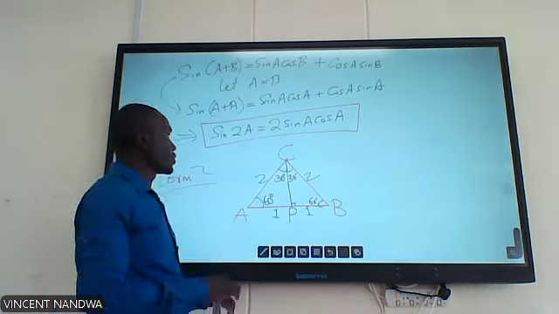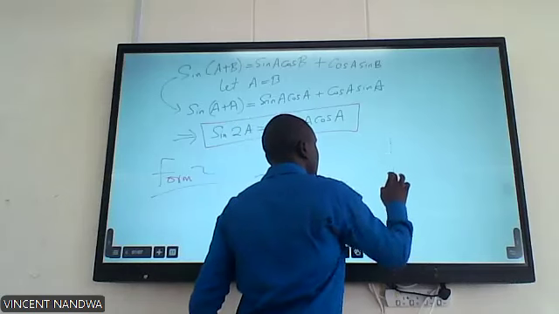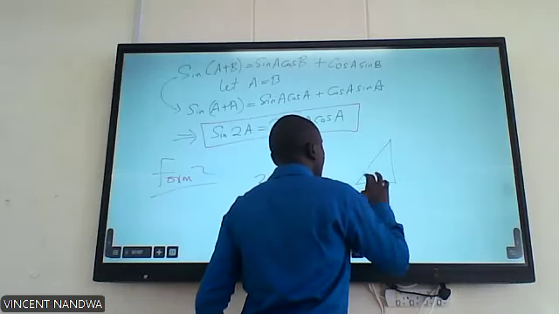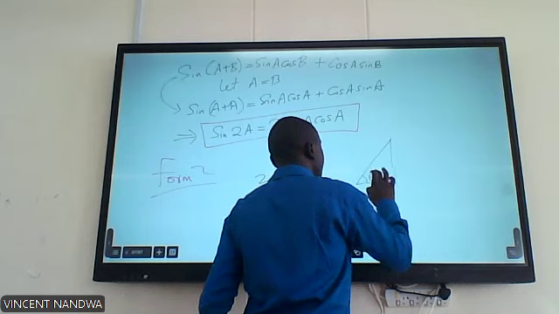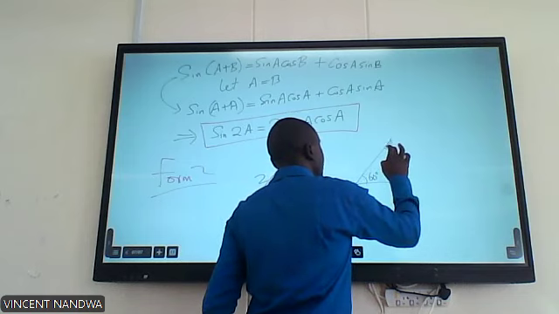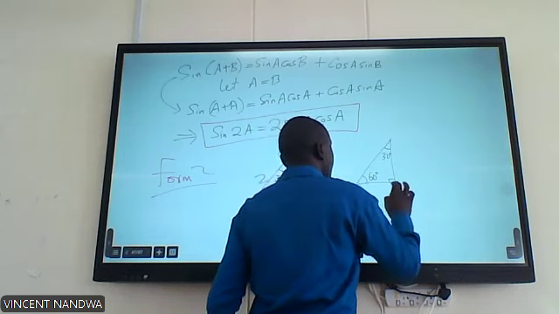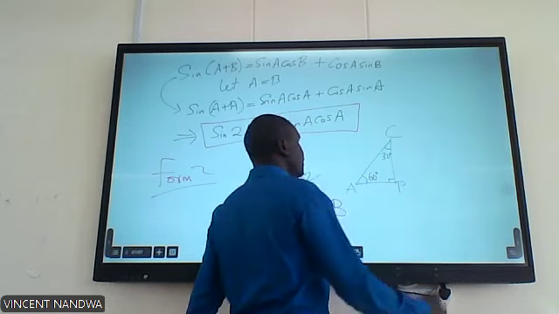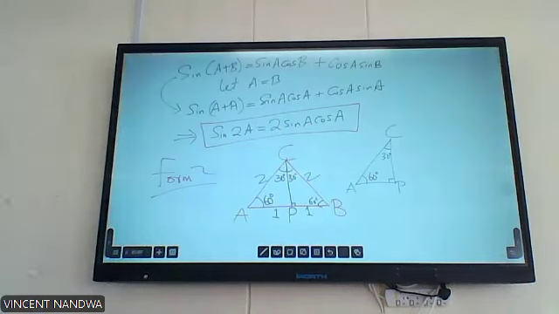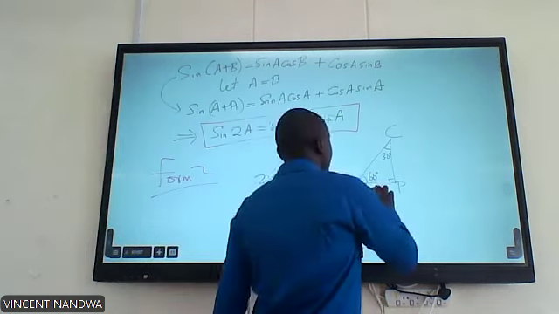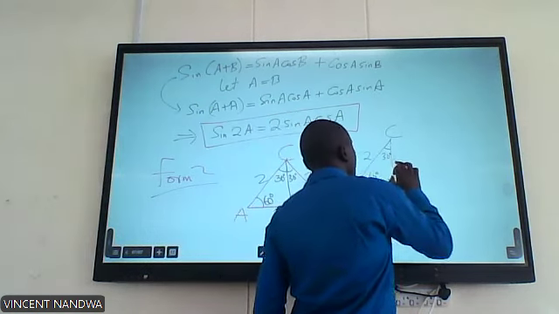Knowing that, we want to consider this triangle ABC. So what is the length CP? Root 3. Okay? So this is 1, this is 2, this is root 3.